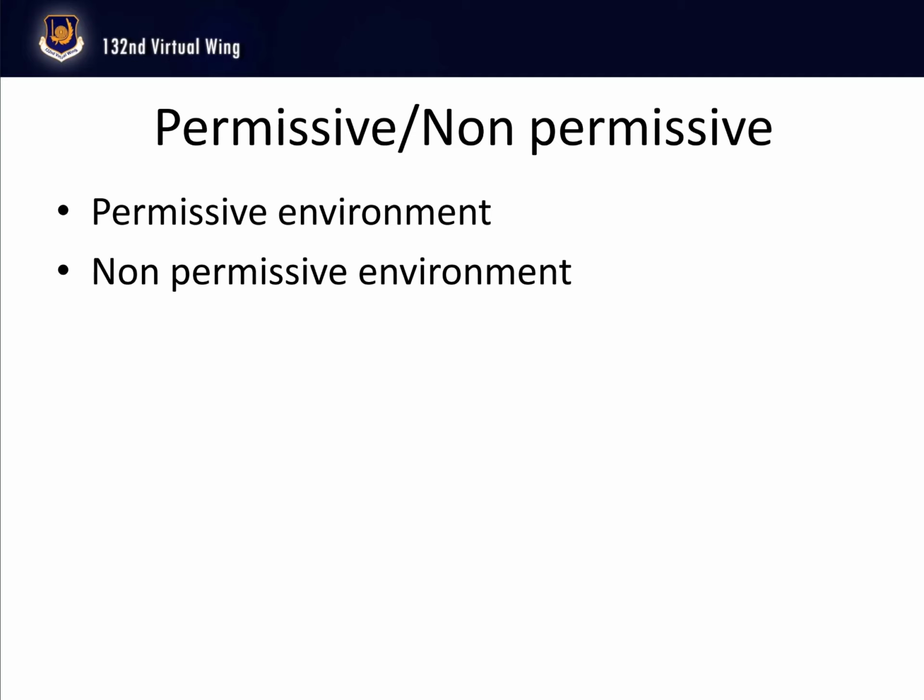Basically circling over the friendlies and target area, having eyes on the targets, eyes on the friendlies, and having much better situational awareness on what's going on, and also being able to respond much more quickly to any hostiles that appear on the ground. So this is a permissive environment. And of course, the A-10 is like a tank, so it can take some small arms fire and still fly. So it's a calculated risk.